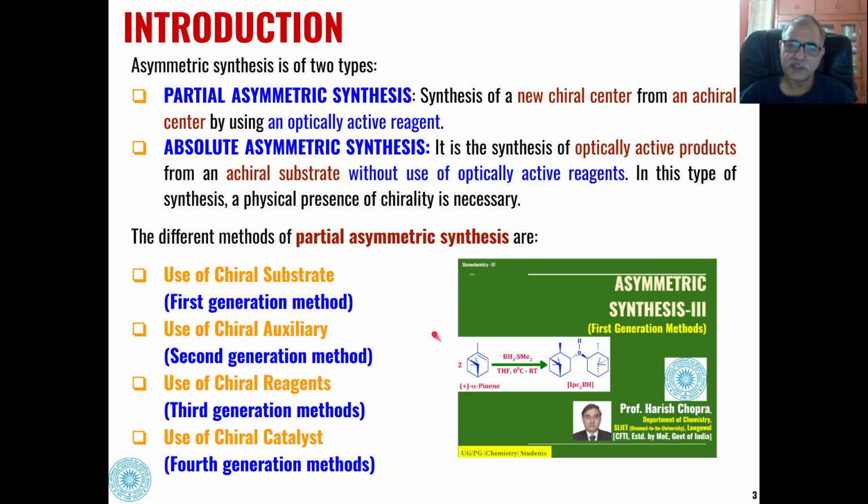Now, in the present lecture, the fourth lecture on asymmetric synthesis, we will be discussing how a chiral auxiliary can be used for asymmetric synthesis. And these types of methods where we are using a chiral auxiliary are called second generation methods.